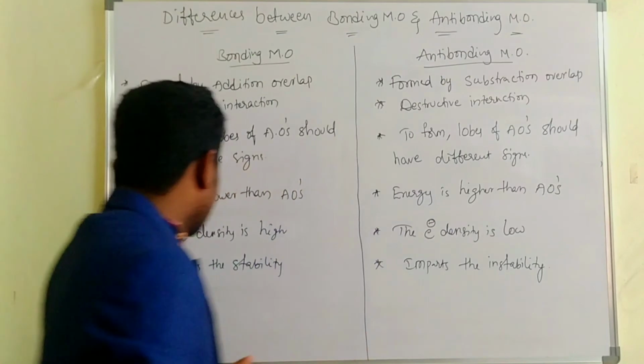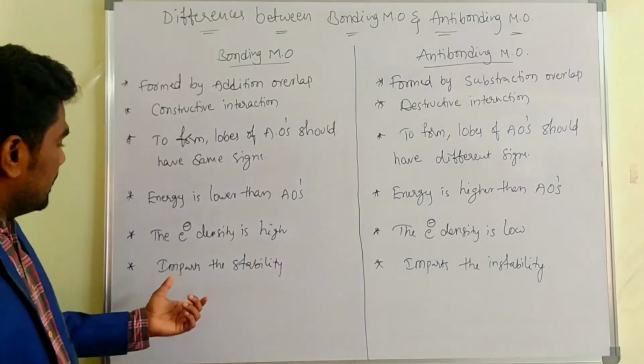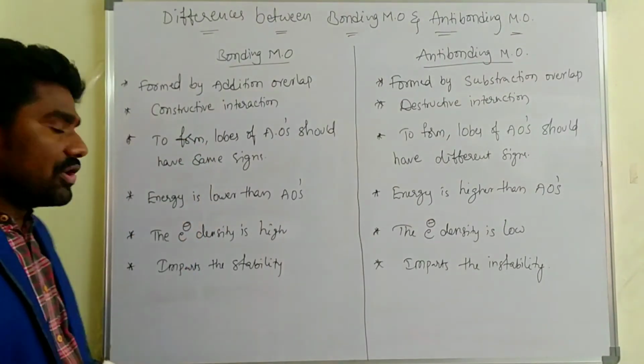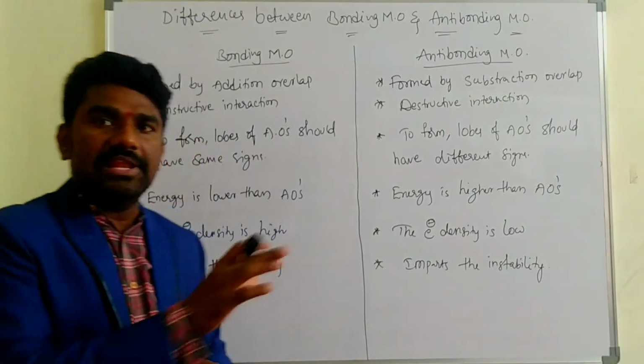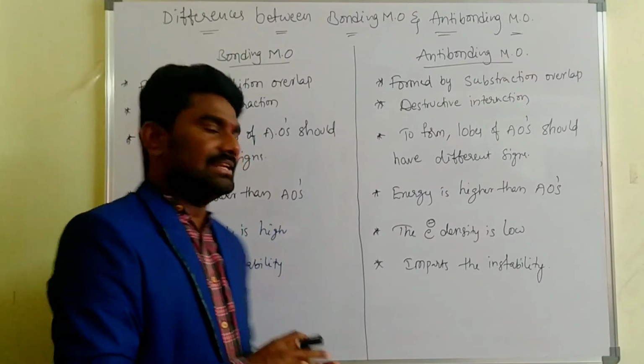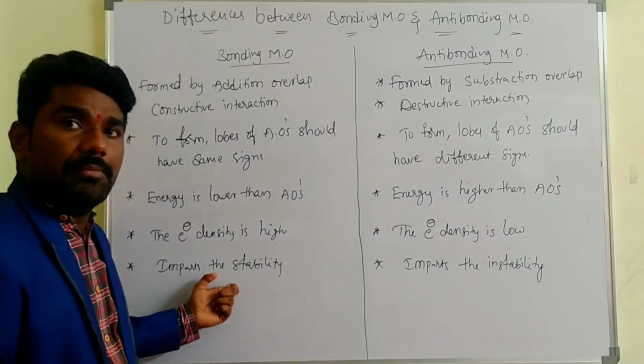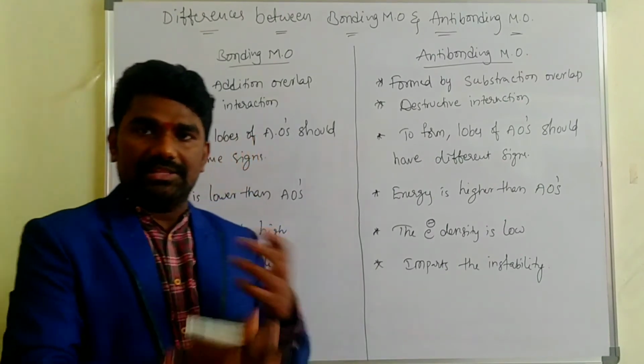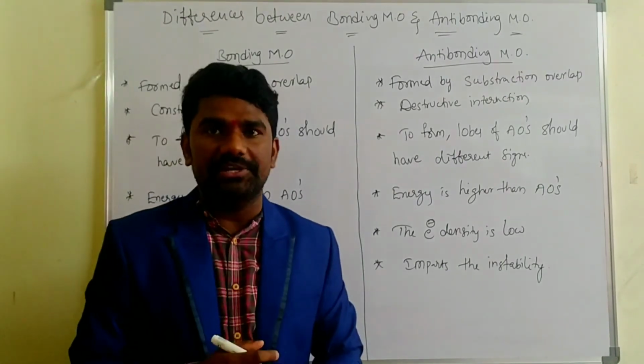Finally, we have one more point. The bonding molecular orbital imparts stability to the molecule. Due to the formation of bonding molecular orbitals, the molecules will have stability.